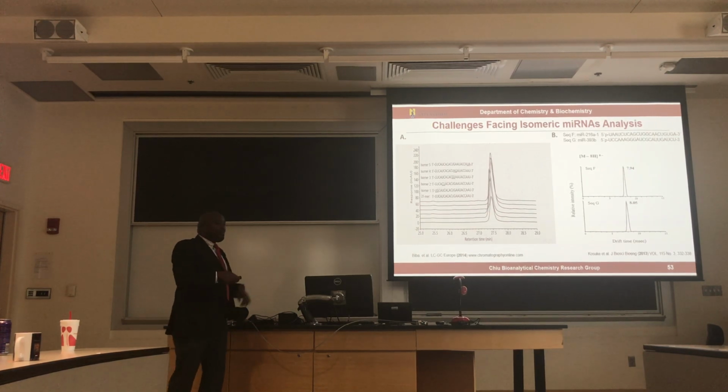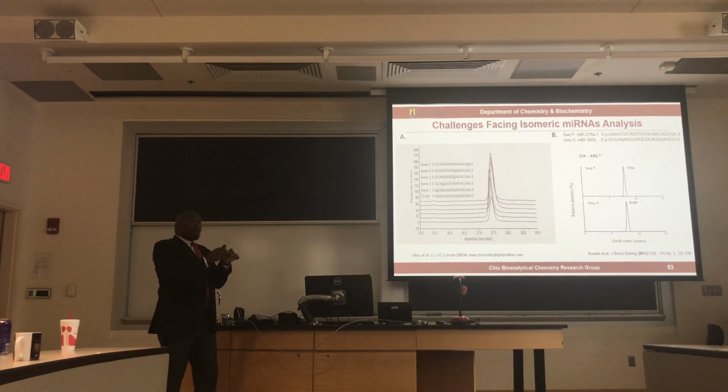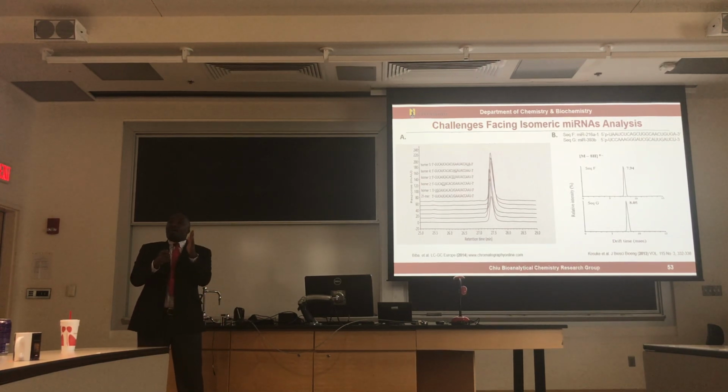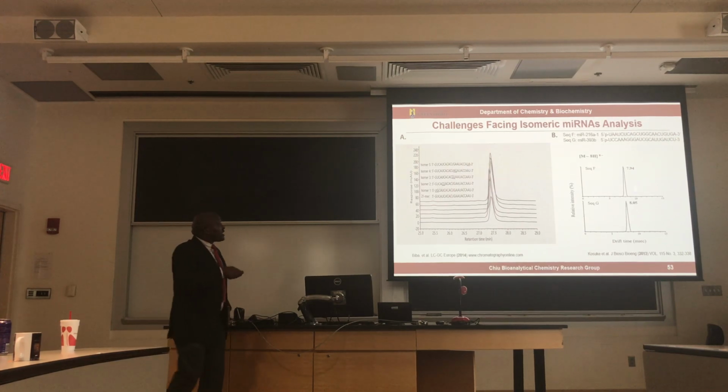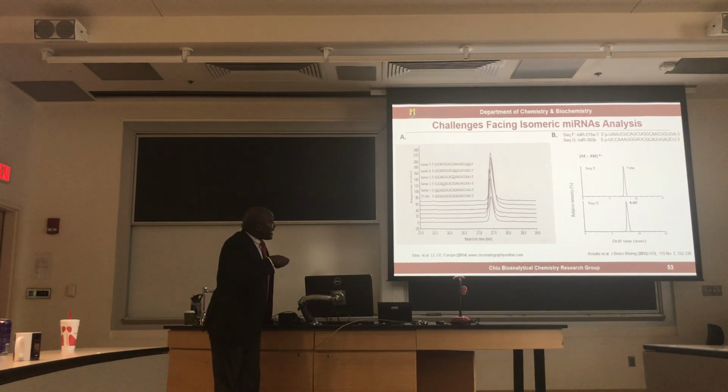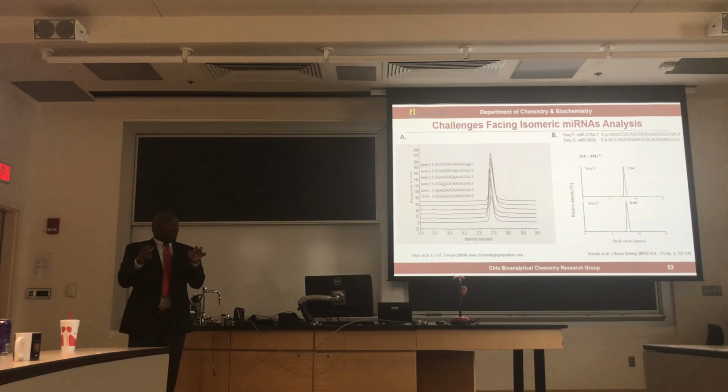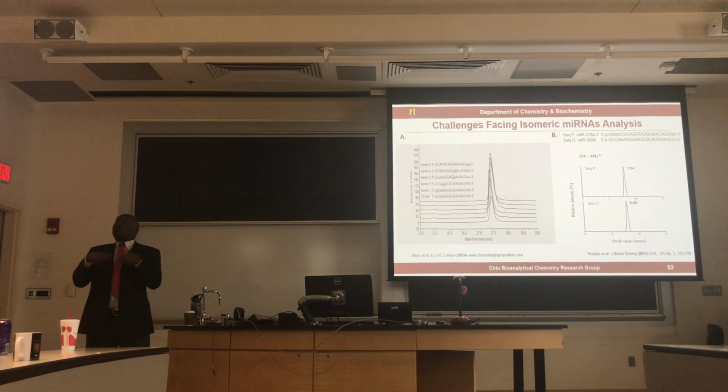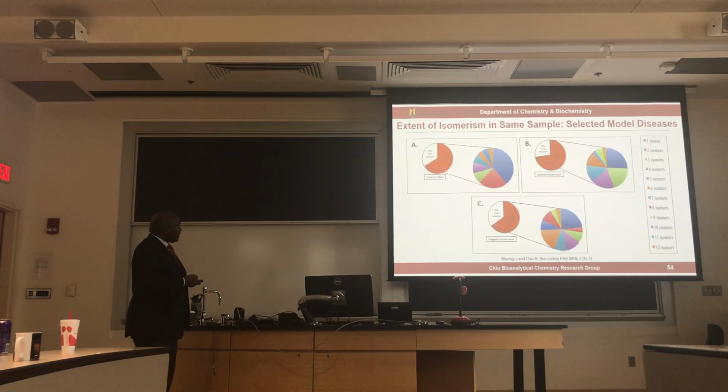Remember, for drift time, if you want baseline separation of two isomers, then the drift times of the two isomers have to be very different. But what you're seeing here, at charge of -8, they overlap, meaning that they were unable to separate or resolve these isomeric microRNAs.